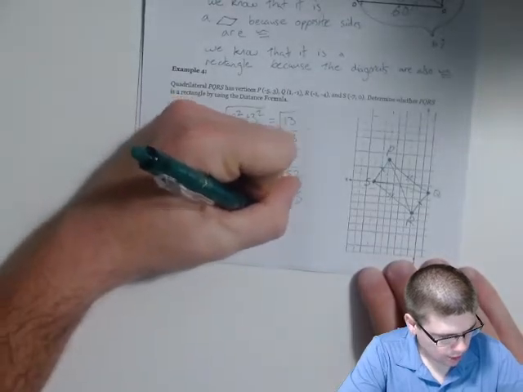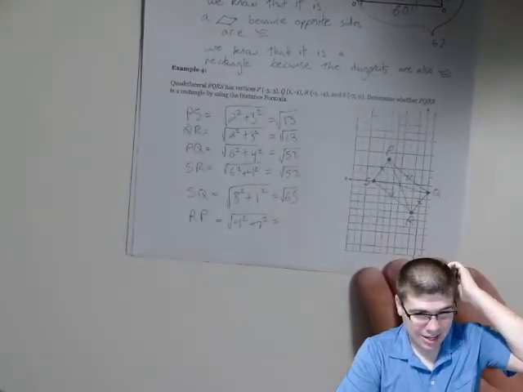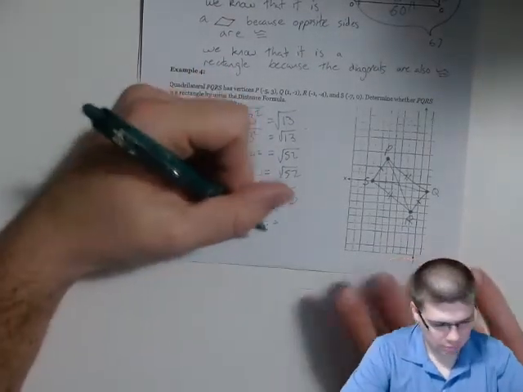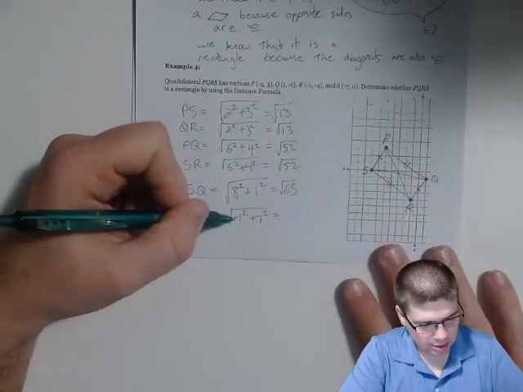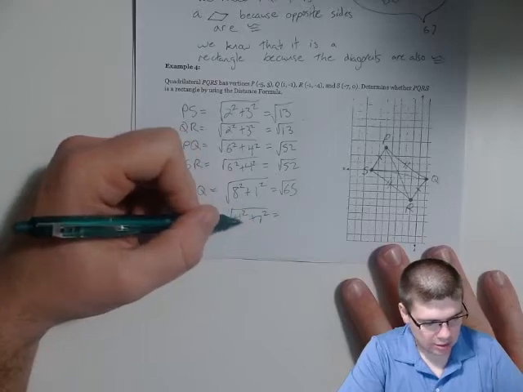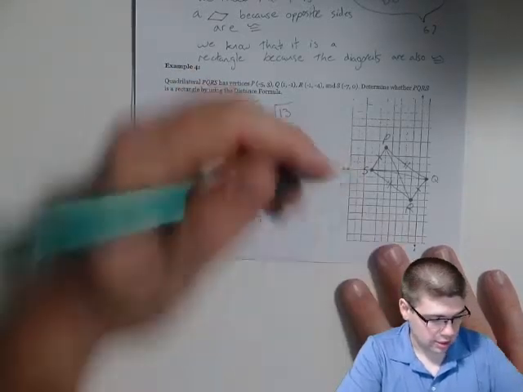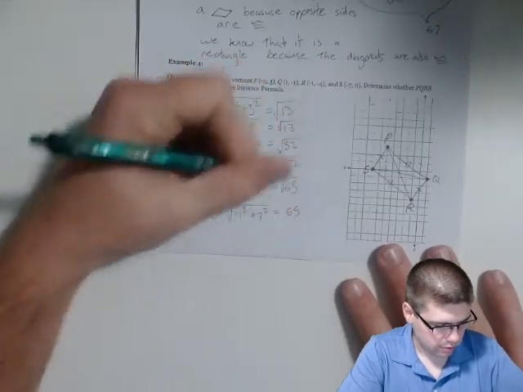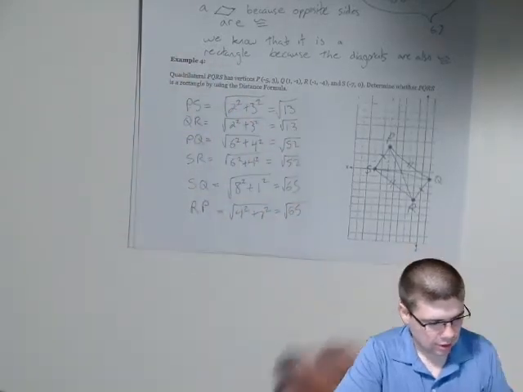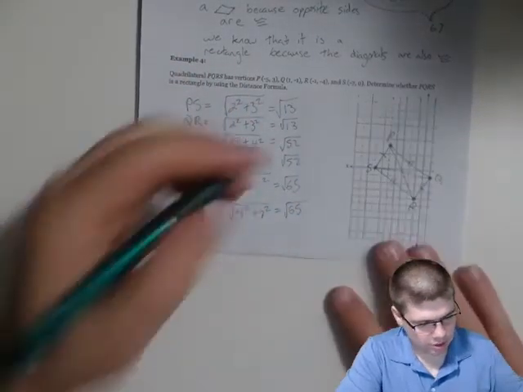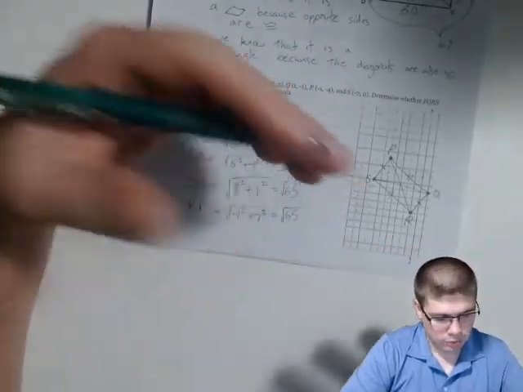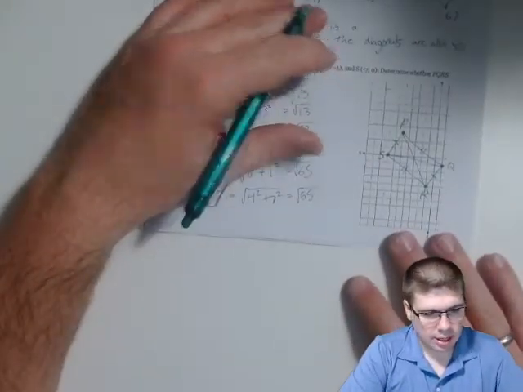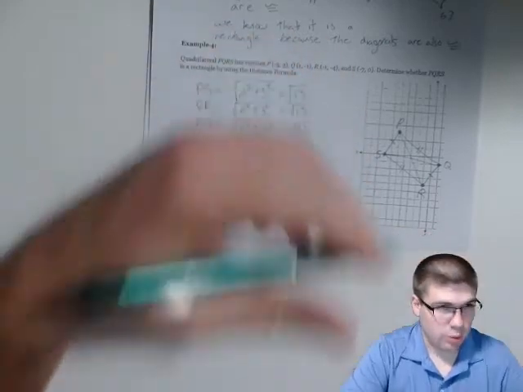So 4 squared plus 7 squared. Does that work out? And again, a -7 doesn't matter, it's getting squared. So 49 plus 16, 65, square root of 65. So the diagonals are congruent. And so we have a parallelogram. Or sorry, we have a rectangle.